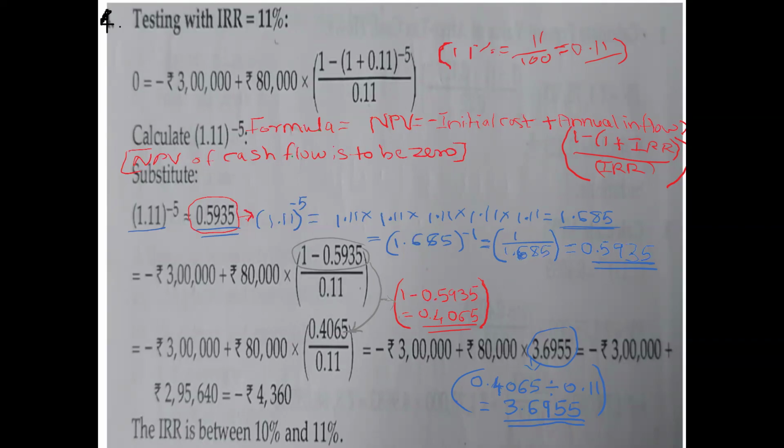So next is equal to minus 3 lakhs plus 80,000 into, we have calculated the amount of 1 minus 0.5935. The answer is 0.4065. We have taken here upon 0.11 is equal to, according to the formula, we are going to solve the bracket first.